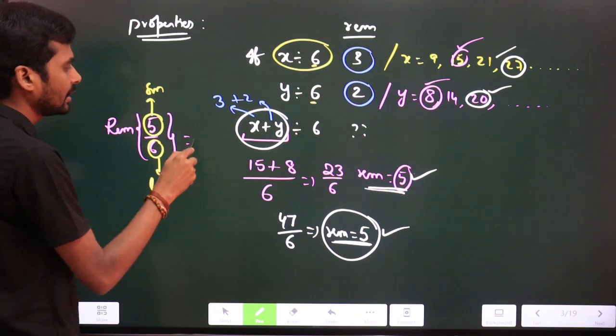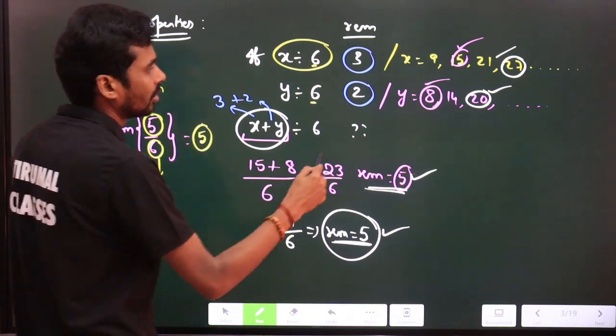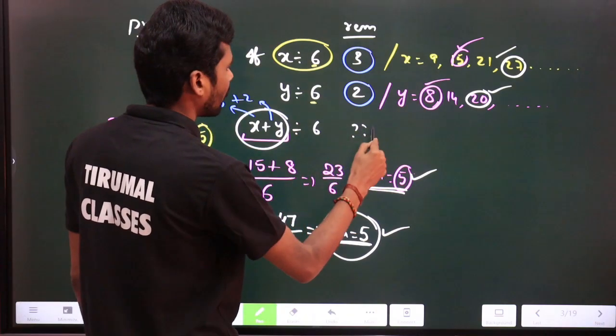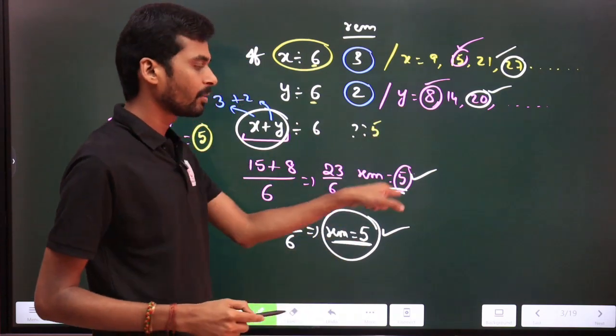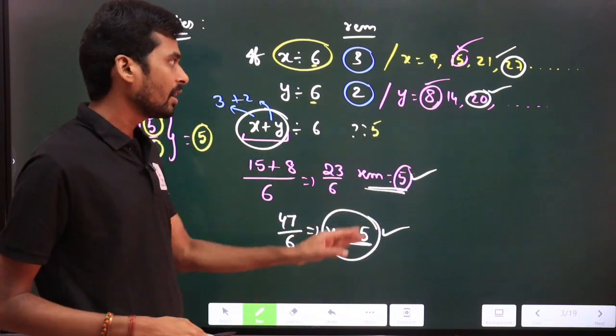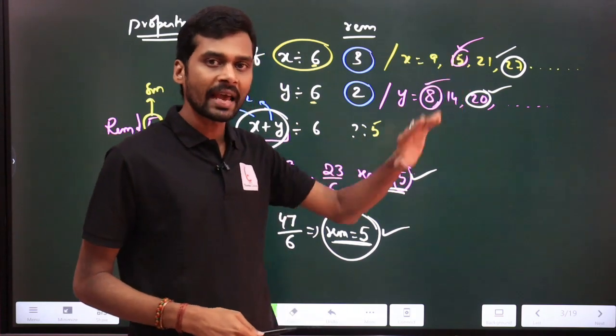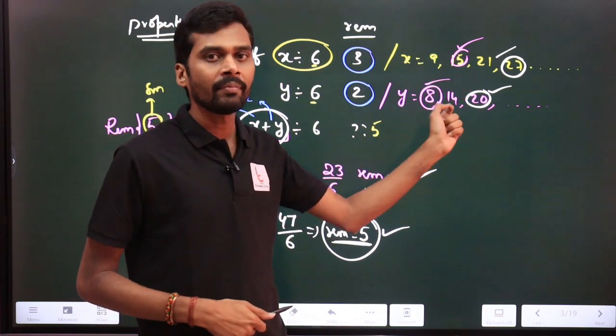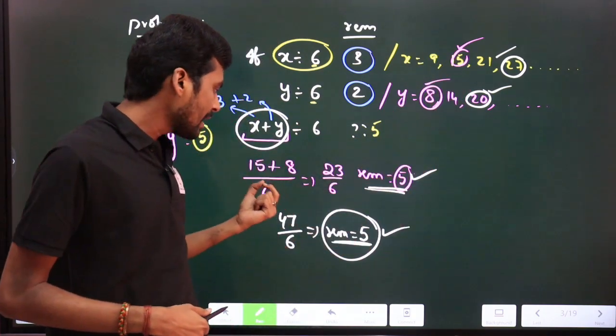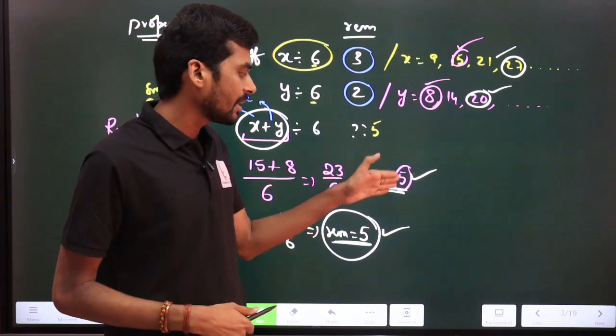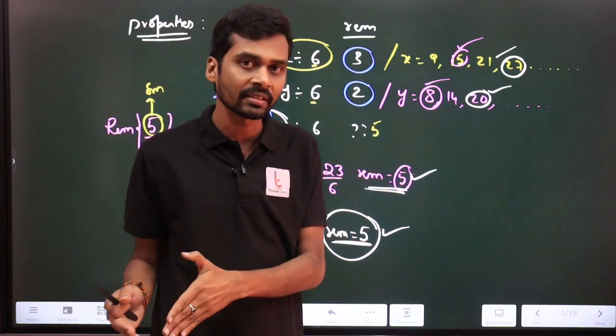So what is the value we'll get? The smaller number always. So the remainder is 5 only. That is what we get for the previous cases also. Even if I randomly pick one number for x and another random number for y, adding and dividing by the same divisor, I still get 5 in every case.